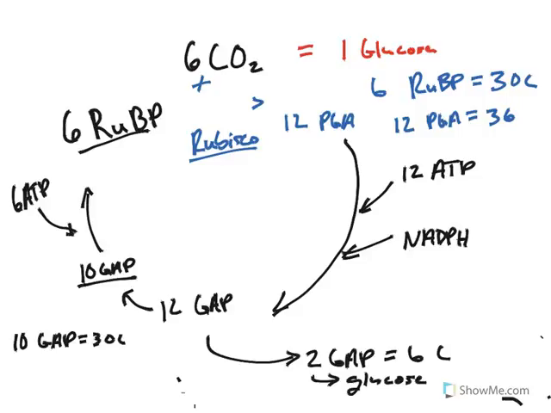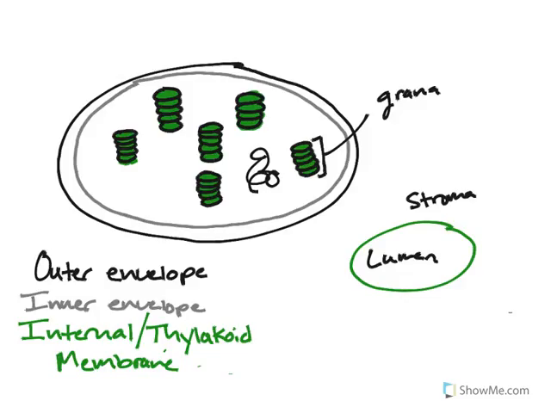So we've gone from our 10 GAP, which is 30 carbon, back to our 6 RuBP, which we said is also 30 carbon. So this whole cycle, we spend 18 molecules of ATP and 12 molecules of NADPH. We do all of this to make 2 molecules of GAP, which could then go on to make whatever sugars.